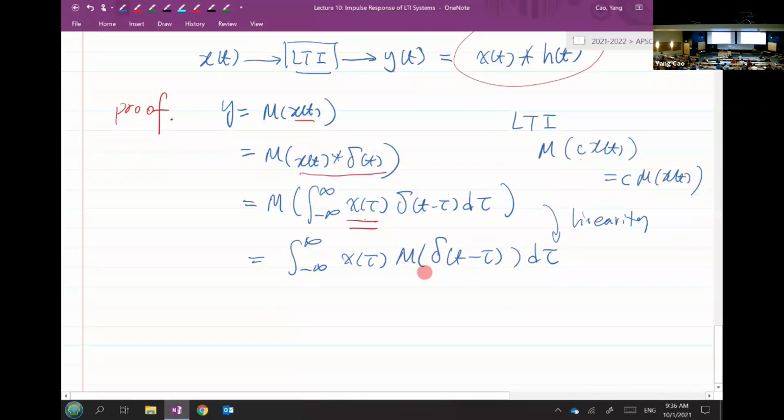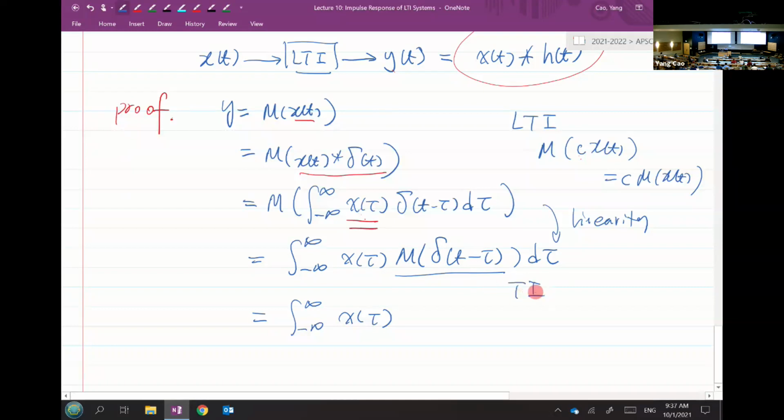And then from this step to the next, you're looking at the operator applied to delta of t minus tau. What is this? This means an input that is an impulse signal, and it's a shifted impulse signal here. So I can make use of the time-invariance property.